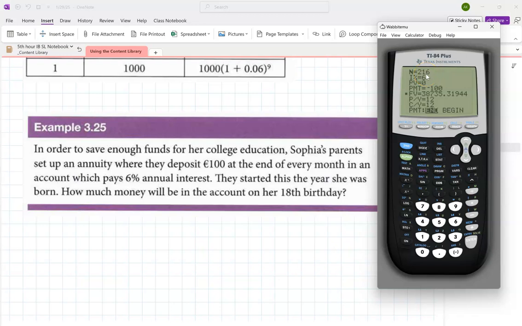So the N is because 18, but it's happening every month, I had to do 18 times 12. But that's the value. Sophia's parents have saved $38,000 for her. It was a lot of money like 10 years ago.